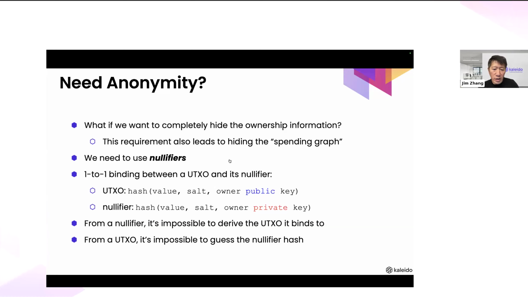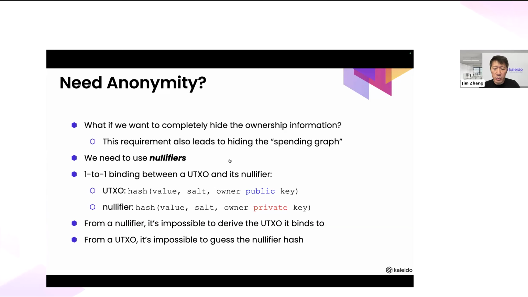In addition to that, we also want to hide which UTXOs are being consumed because as part of the anonymity requirement, we want to prevent anyone from being able to build a spending graph leading from the consumed UTXO to the output UTXO, which then will be further consumed to lead to new UTXOs.